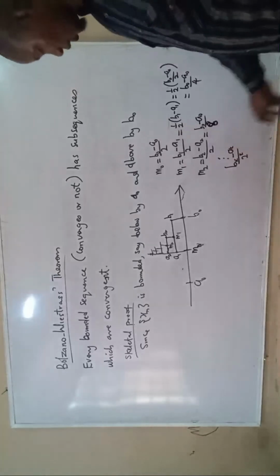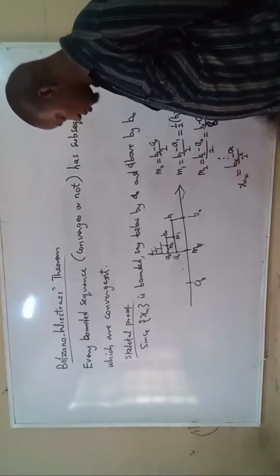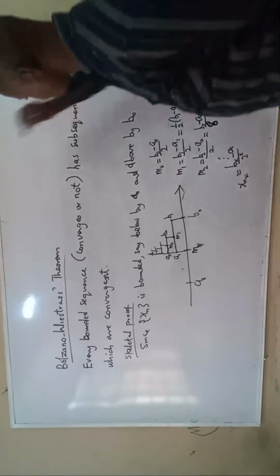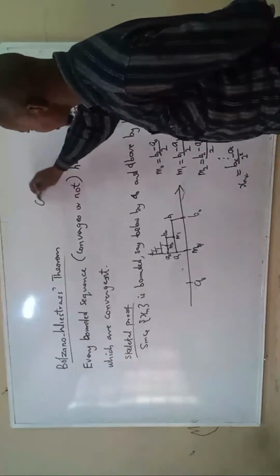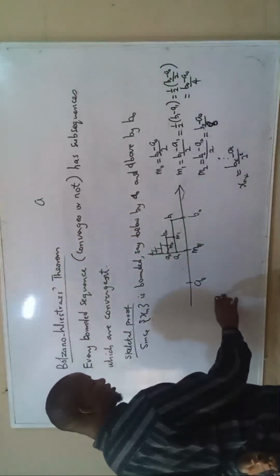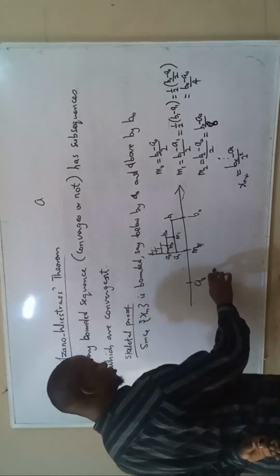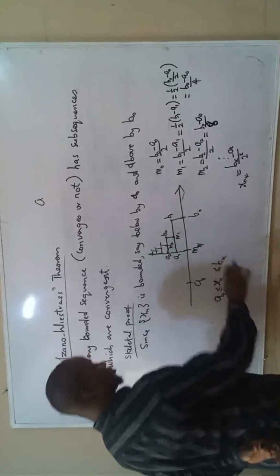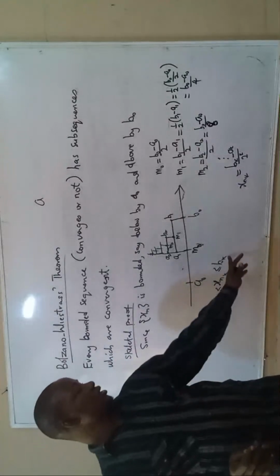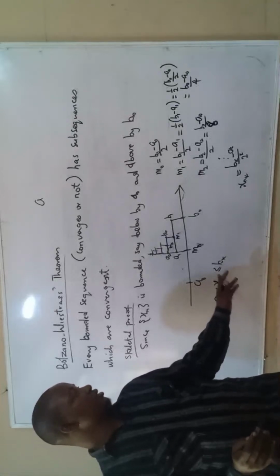We can now refer to each of these subsequence terms as x_nk, in such a way that this will be in between the sequence ak and bk.